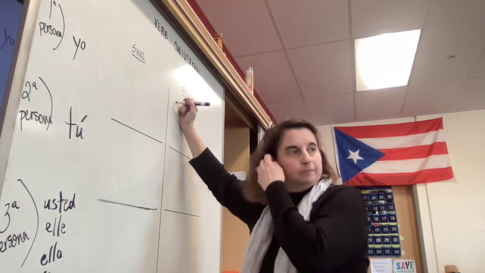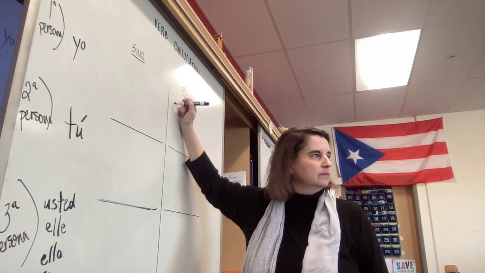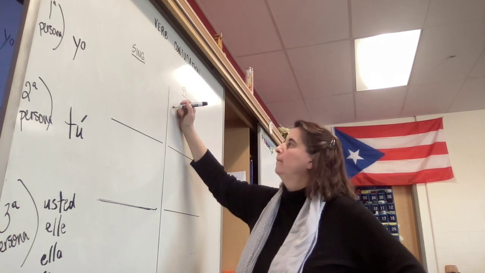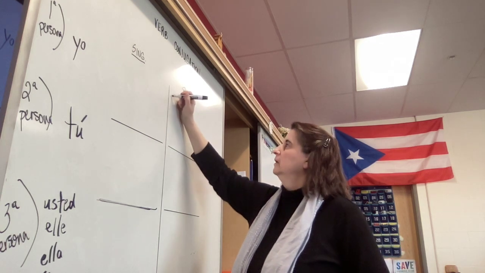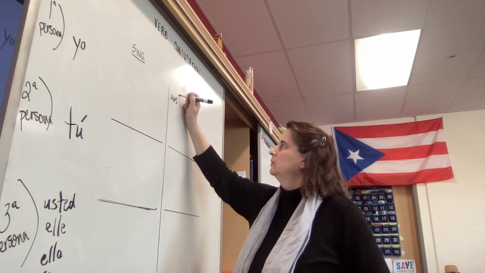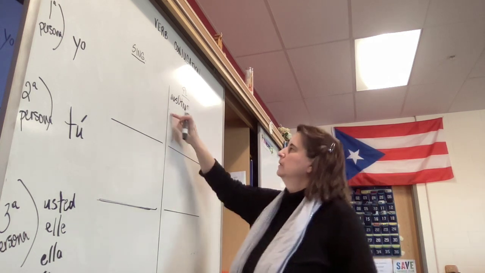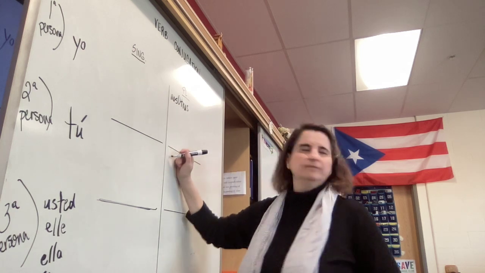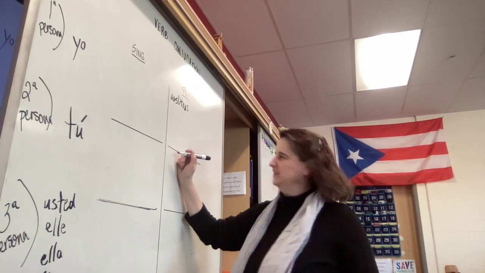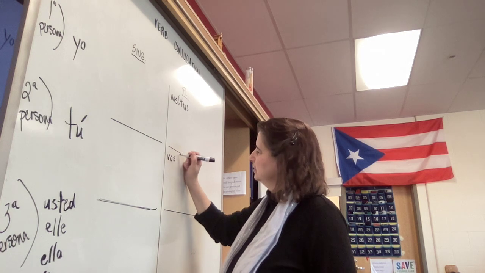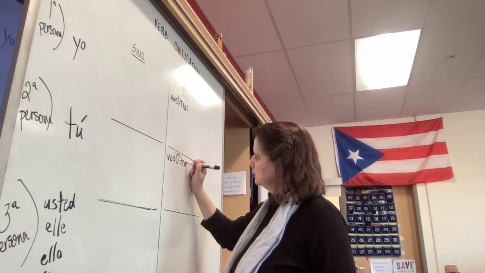Okay. Plural. What's the plural of yo? Sí. Nosotras. I'm going to do the feminine for fun. What goes here? Sí. Perfecto. Vosotras.